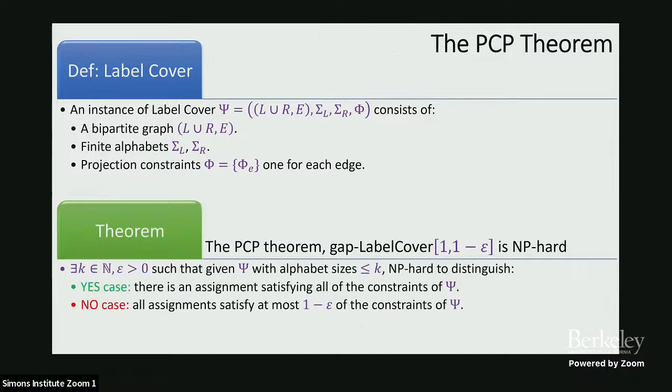The theorem says the following: there is some absolute value k and epsilon, so that if I give you a label cover instance where the alphabet sizes are constant, at most k, then it's NP-hard to tell whether there are assignments to the label cover that satisfy all of the constraints, or all assignments satisfy at most 1 minus epsilon fraction of the constraints. Actually, if you do the construction that we did before, this is just a corollary of the previous formulation, but it's really equivalent.